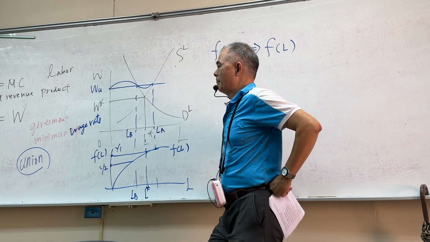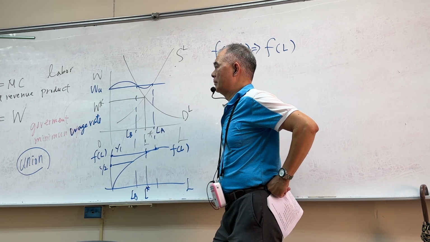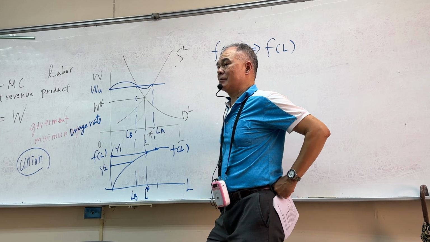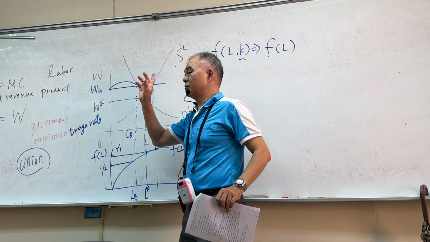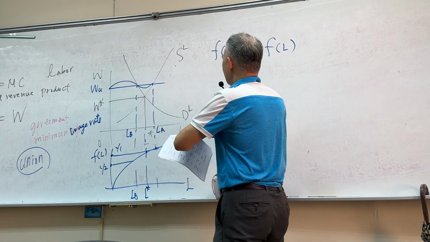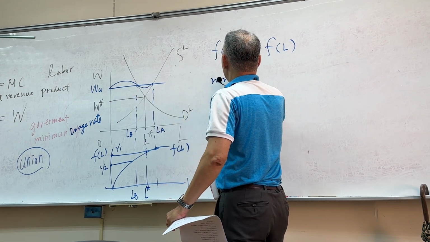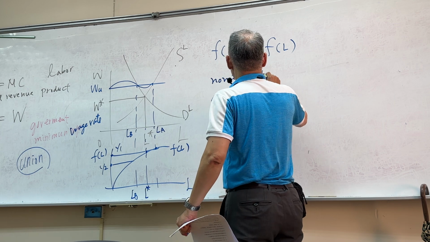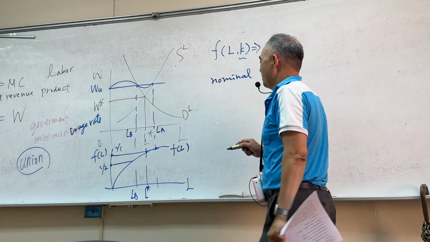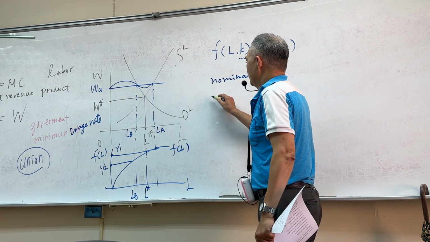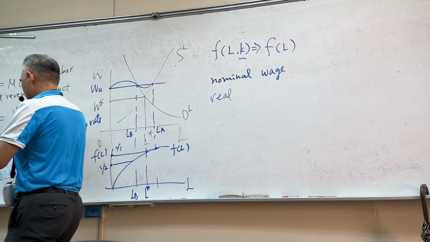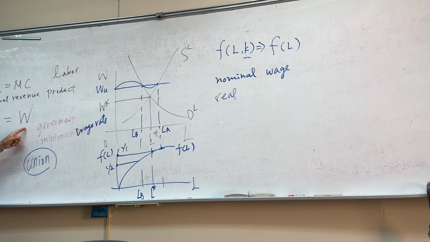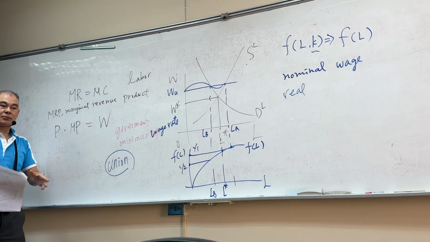So generally, this is the argument by John Maynard Keynes. But some people say what you see is the nominal wage, not the real wage. What is the difference, okay? Here it is the nominal wage. What is the real wage?